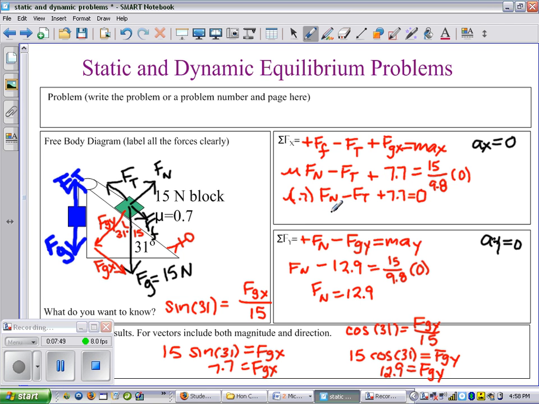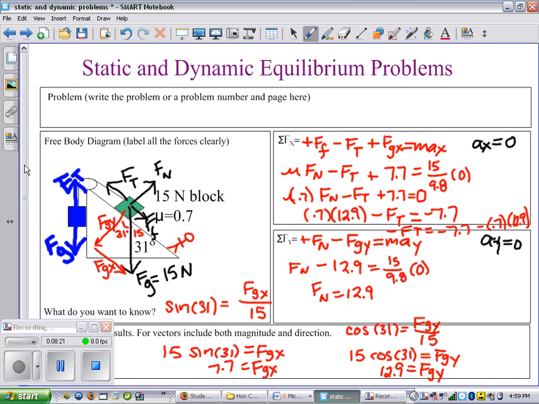And 0.7 times 12.9 minus Ft equals negative 7.7. Negative Ft equals negative 7.7 minus 0.7 times 12.9.